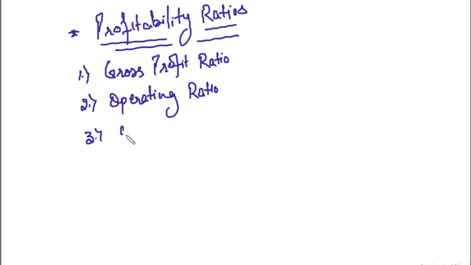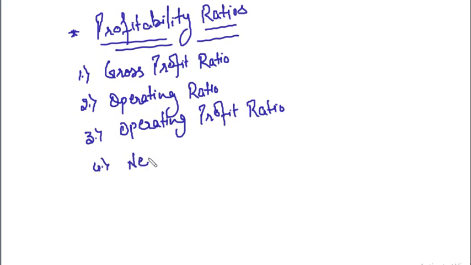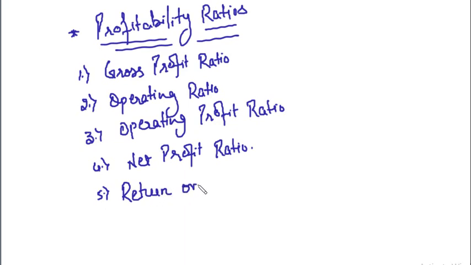Third one is operating profit ratio. Fourth one is net profit ratio. And the last one is return on capital employed ratio.